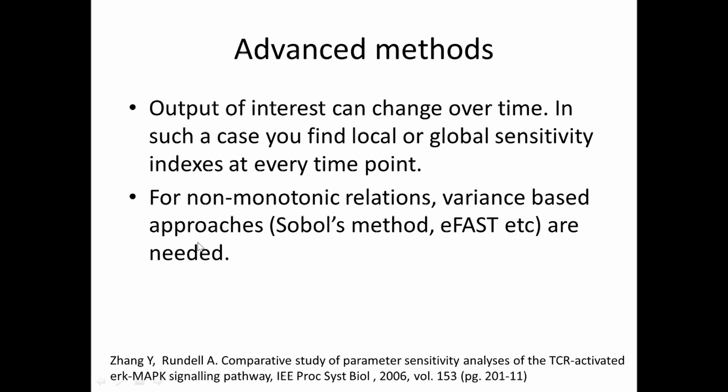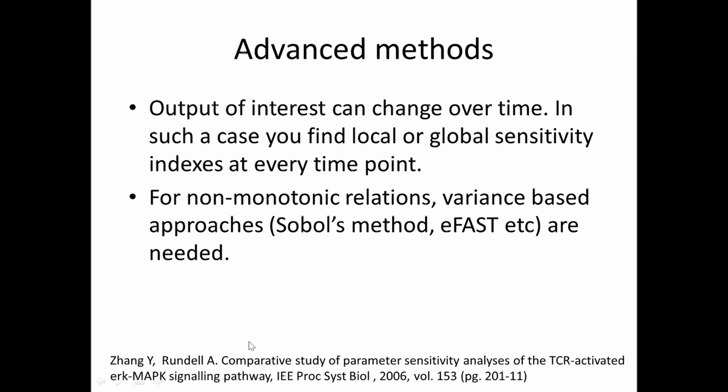So in both the methods we discussed, the output chosen was the time period, which was not changing with time. However, if the output is changing with time, you can still do the local and global sensitivity analysis, but in that case you'll have to find the sensitivity values at every time point. So then you get a plot. You can plot the sensitivity as a function of time for every parameter.